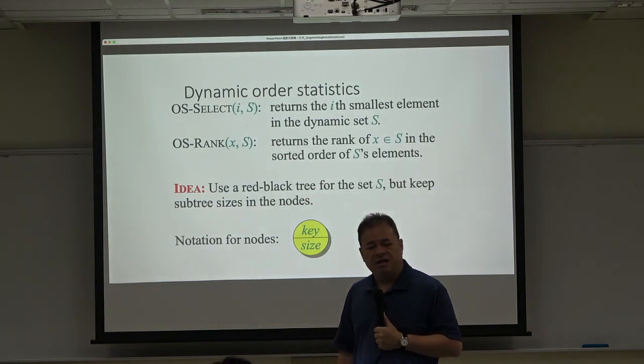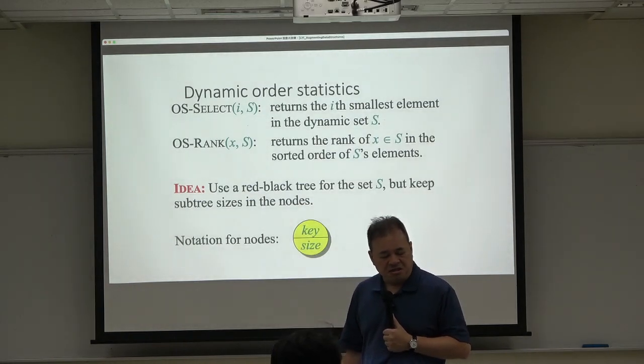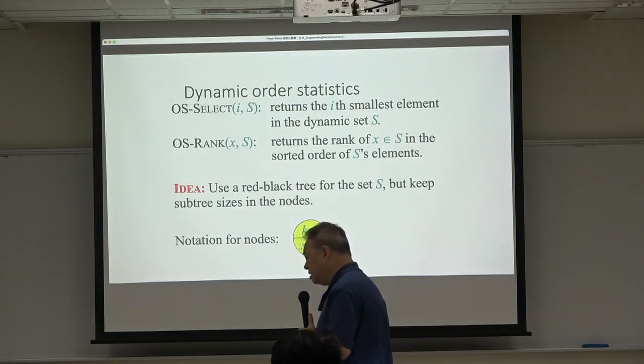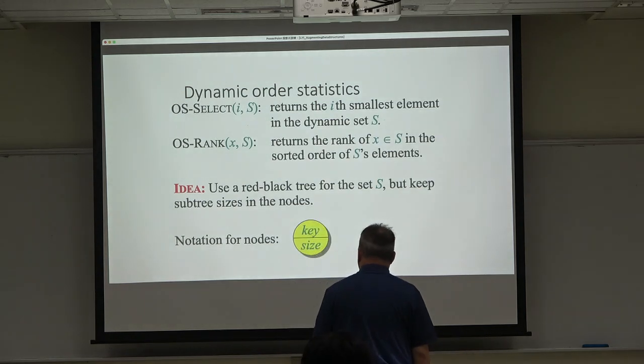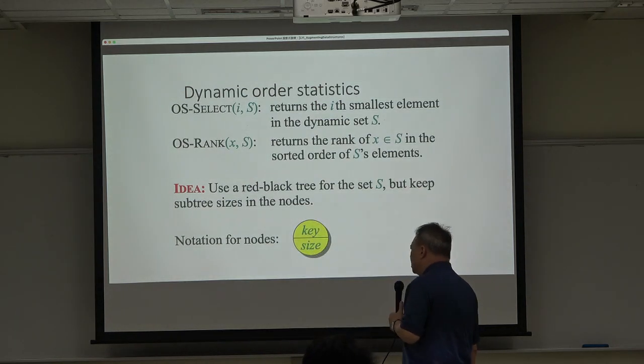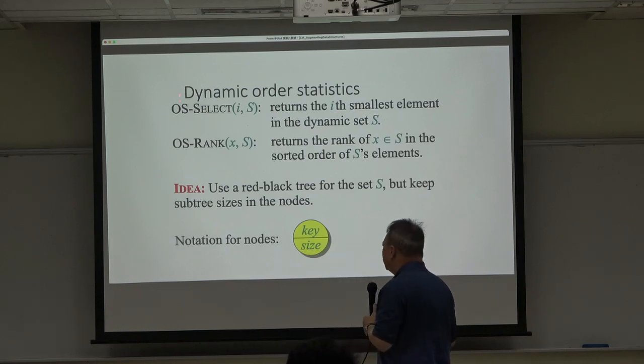It's just that the order of the comparisons happens differently. Remember, I told you about that. So obviously we could utilize that to solve problems such as select and rank.